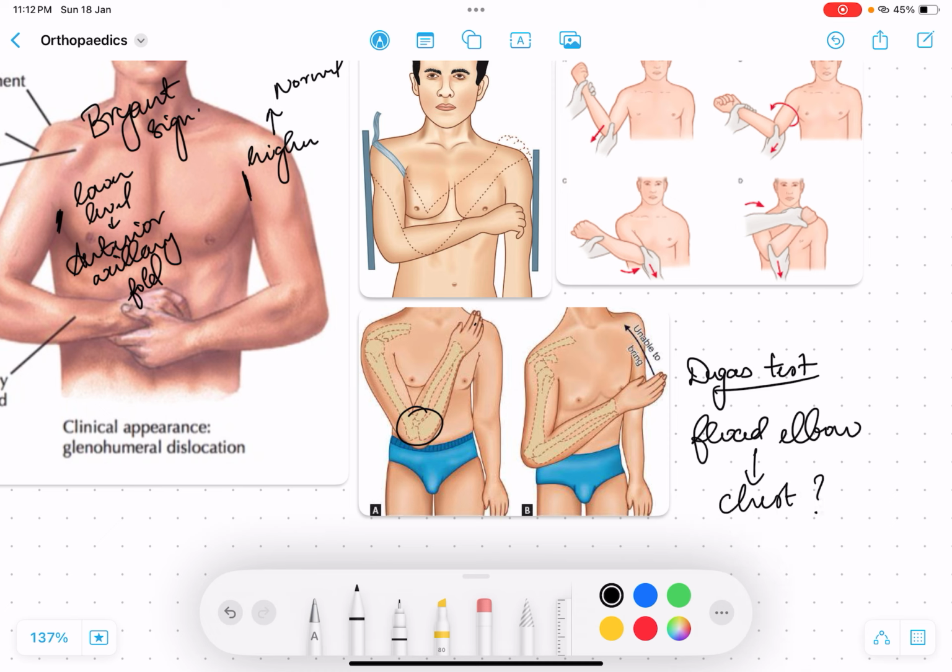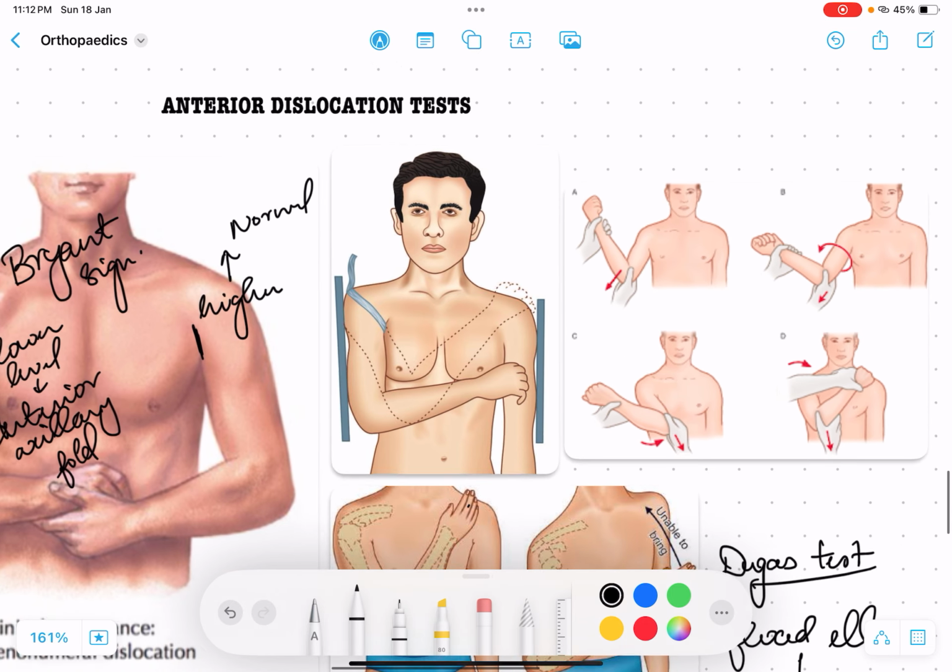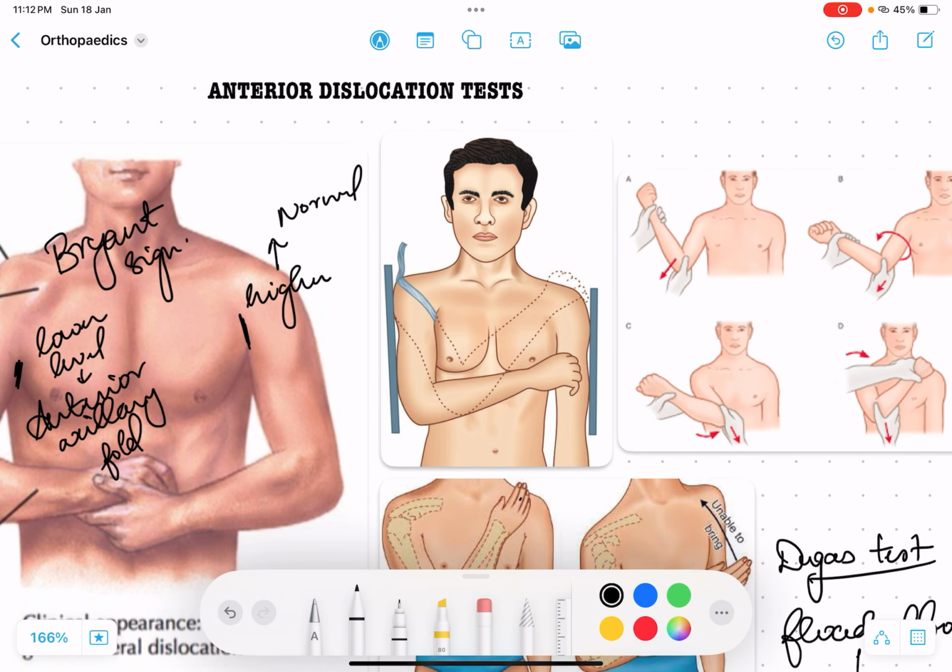And then another test, the Hamilton ruler test. In a normal person, if we keep a scale or straight rod, the lateral condyle of the humerus and the acromion process will never lie in a straight line.